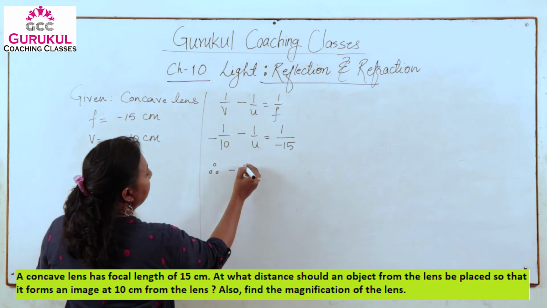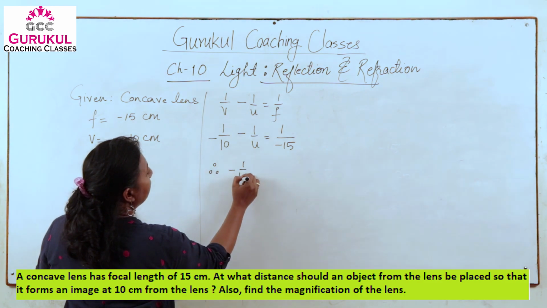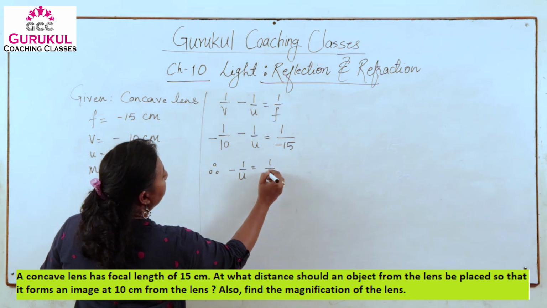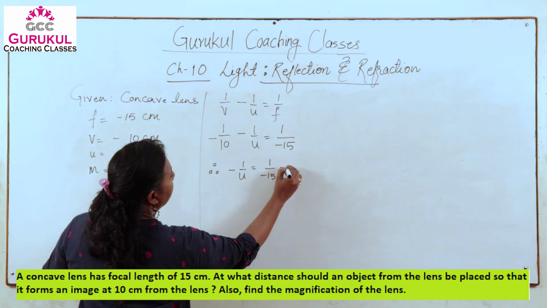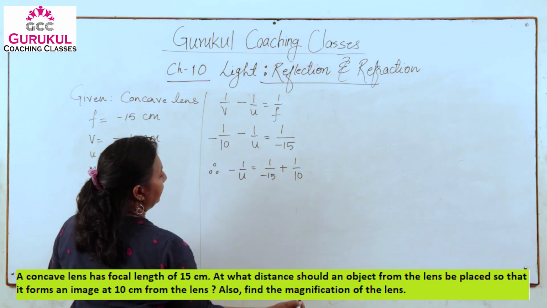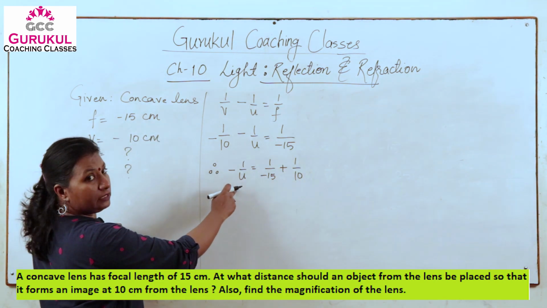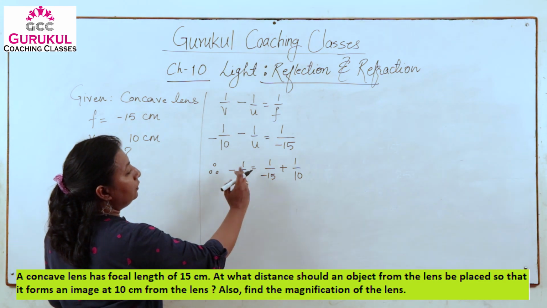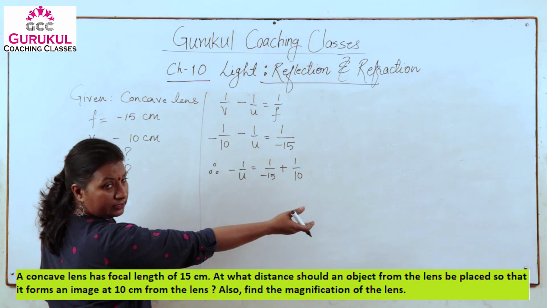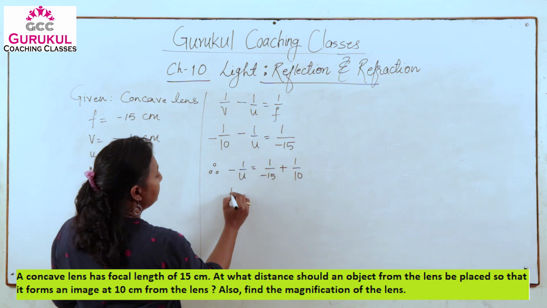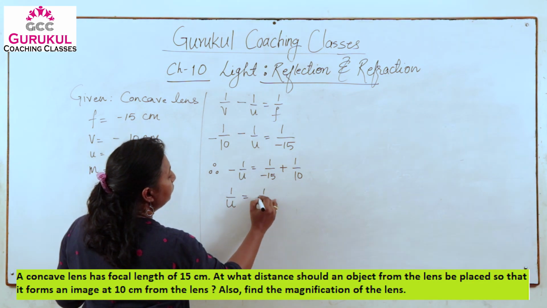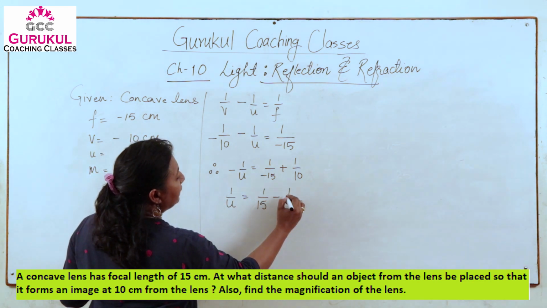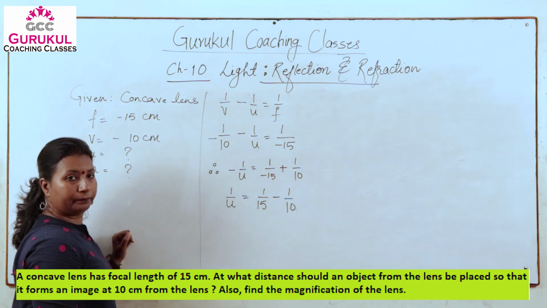Therefore, minus 1 by u is equal to 1 upon minus 15 plus 1 upon 10. If we make this term positive, all these signs on this side will be changed. So we can say 1 by u is equal to 1 upon 15 minus 1 upon 10.